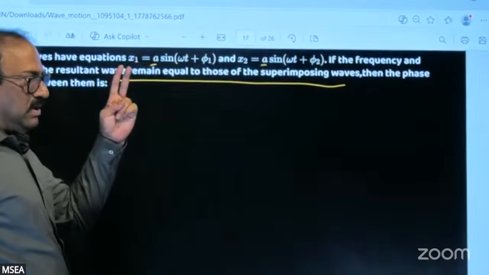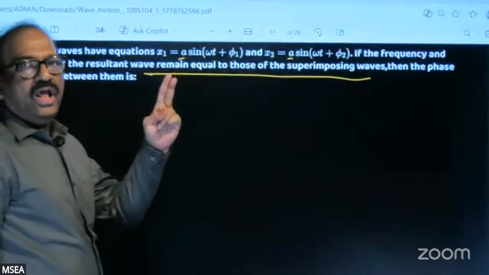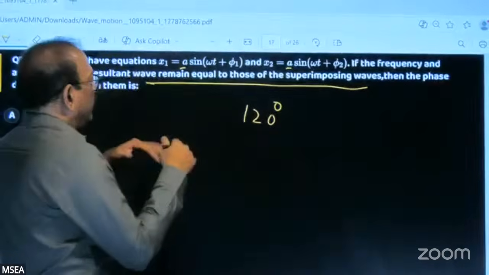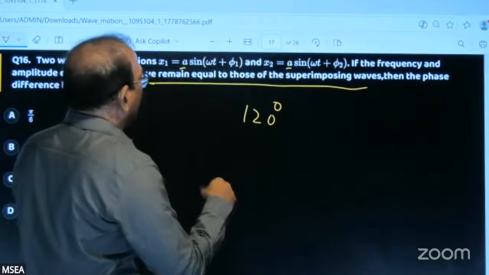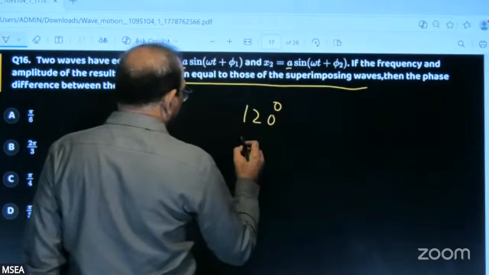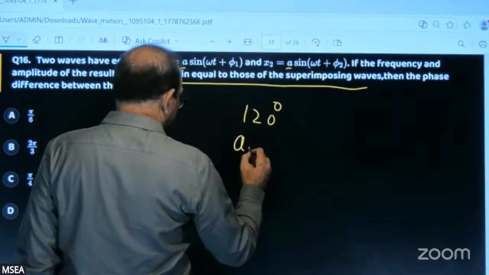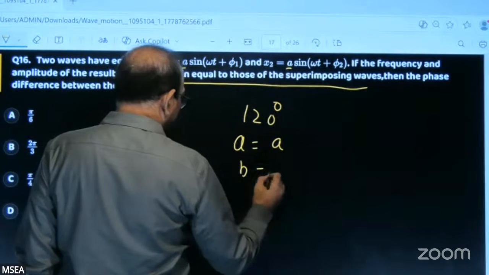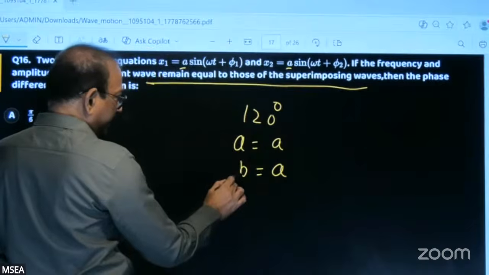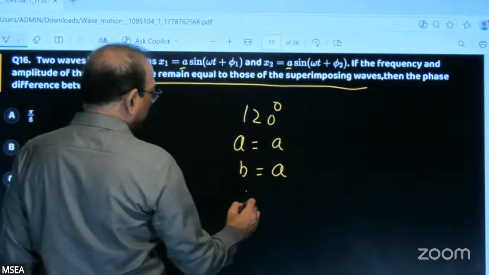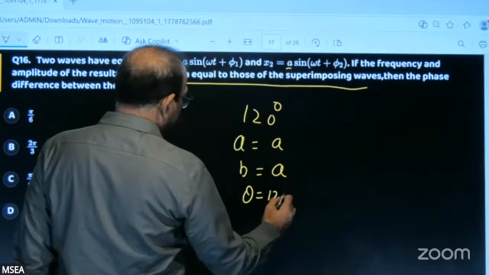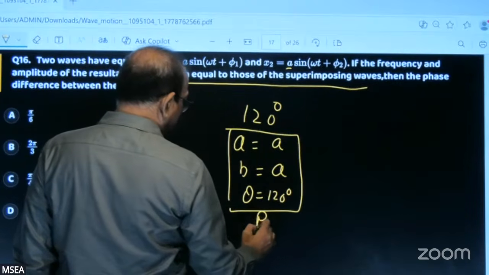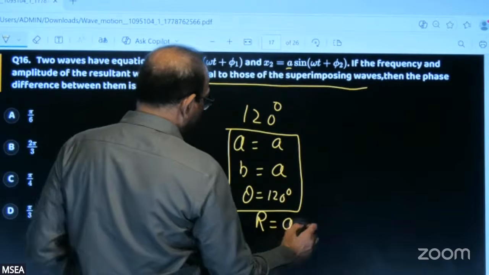When two vectors of the same magnitude act at an angle of 120 degrees, only then their resultant is also equal to either of them. One vector is of magnitude A, another vector is also of magnitude A. If these two vectors act at 120 degrees, then their resultant will also be equal to A only.